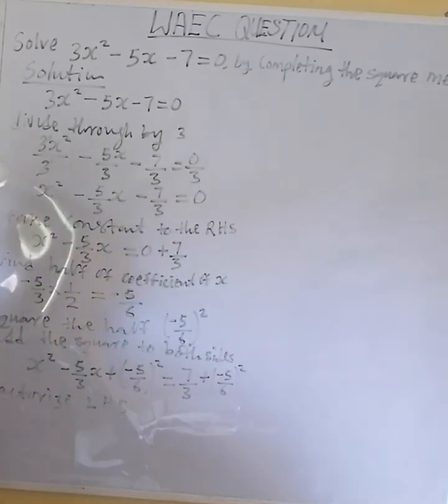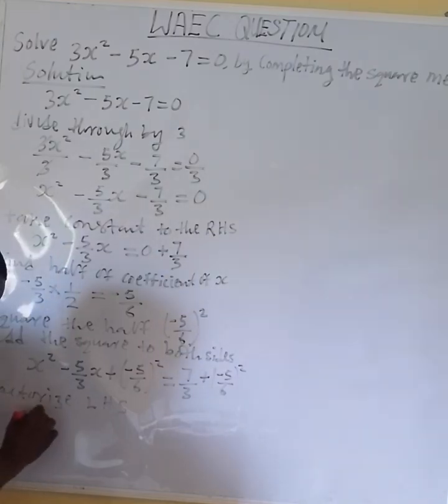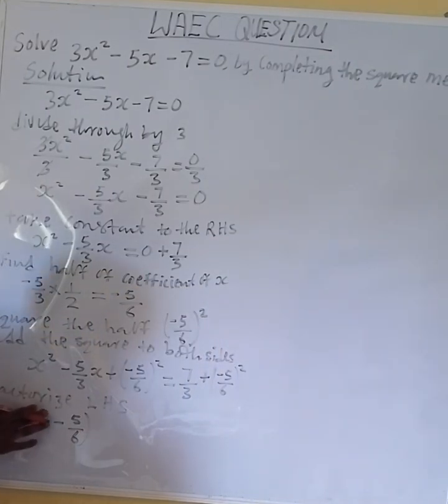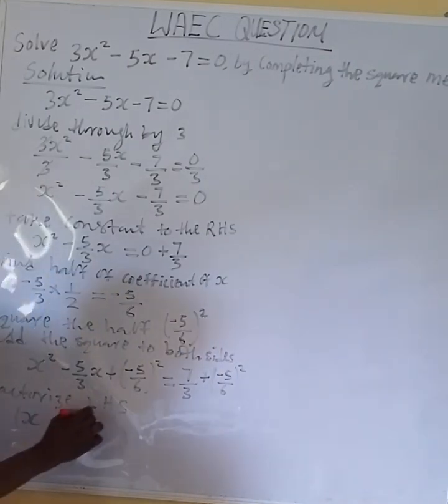So when you factorize now, it means you are taking out minus 5 over 3. So it will now give us x squared, plus times minus, it will give us minus 5 over 6. So this square now, we will now group it together.